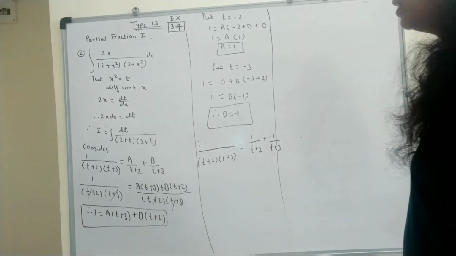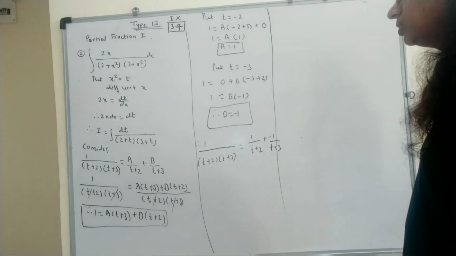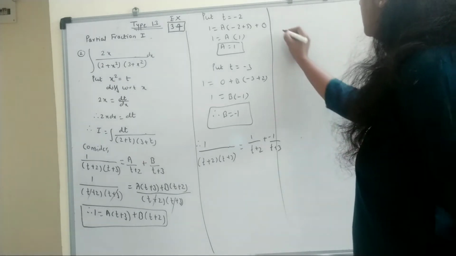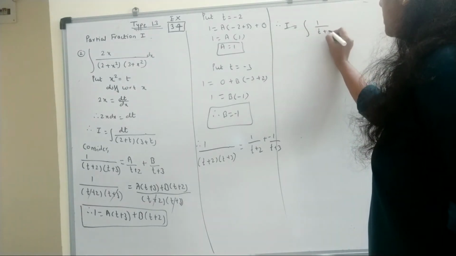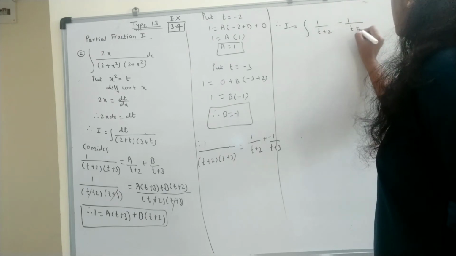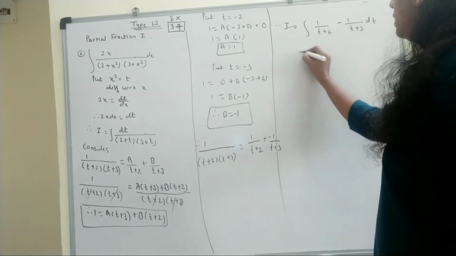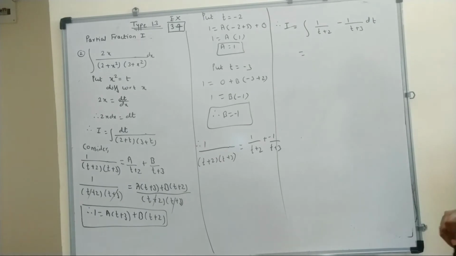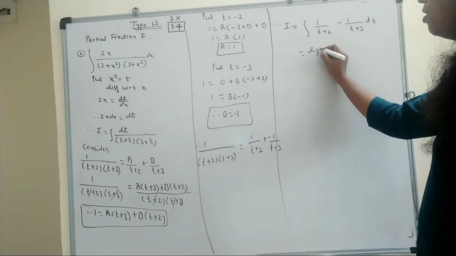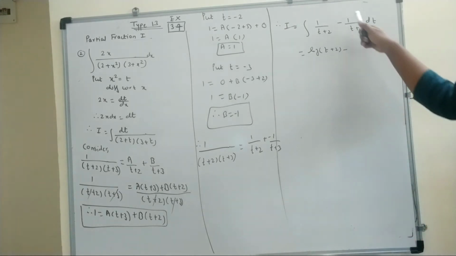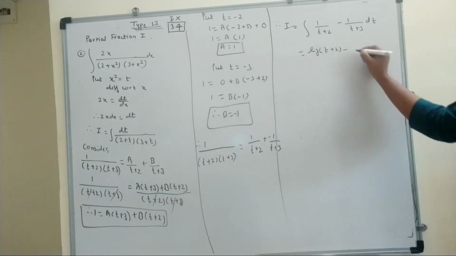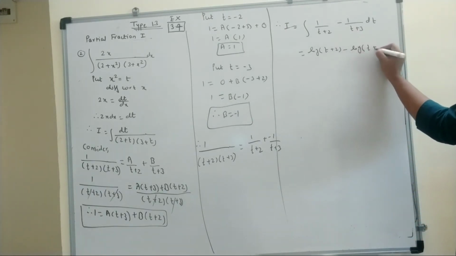Hence we'll consider the integration of 1 upon t plus 2 minus 1 upon t plus 3. Integration of 1 upon t plus 2 is log of t plus 2, minus integration of 1 upon t plus 3 is log of t plus 3.